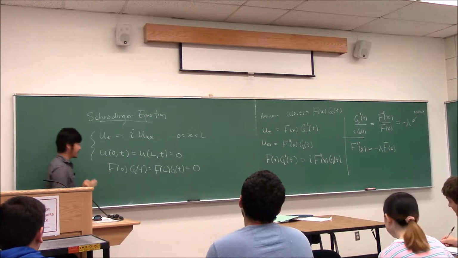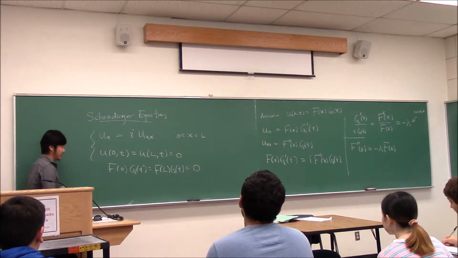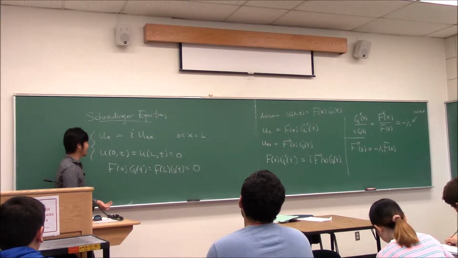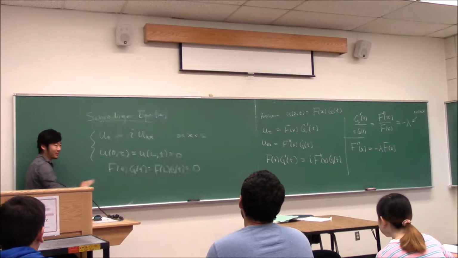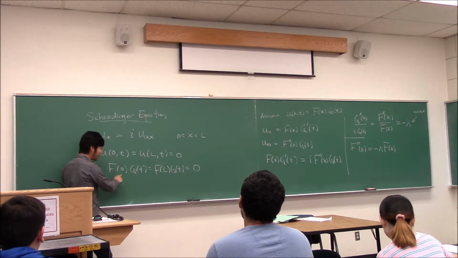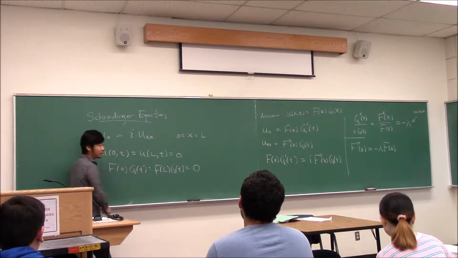Okay, this has to happen for all t, and you don't really want g to be 0, or else you get just the zero solution, which I guess technically would satisfy this equation, but you want to avoid that trivial case. So then we know that f of 0 and f of L are 0.